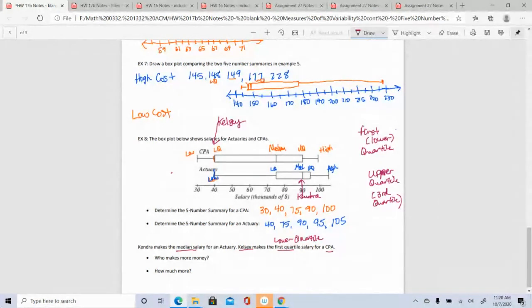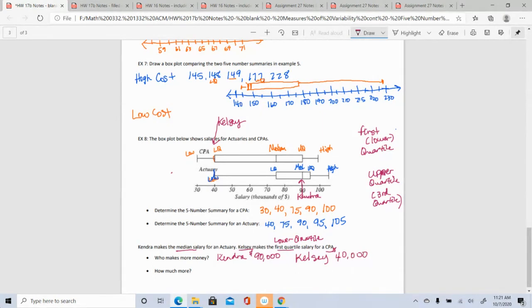Who makes more money? So if Kendra's right here, it looks like Kendra is making 90,000 because it's in thousands of dollars. We've got Kelsey making 40.